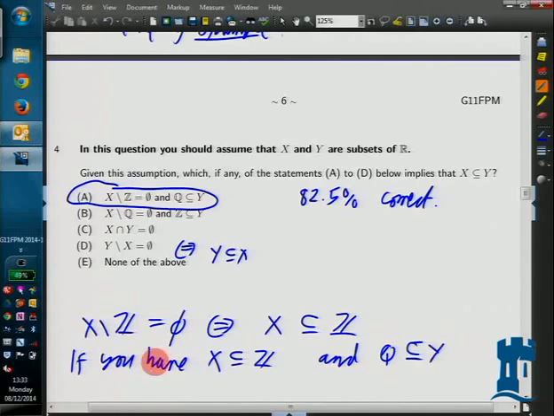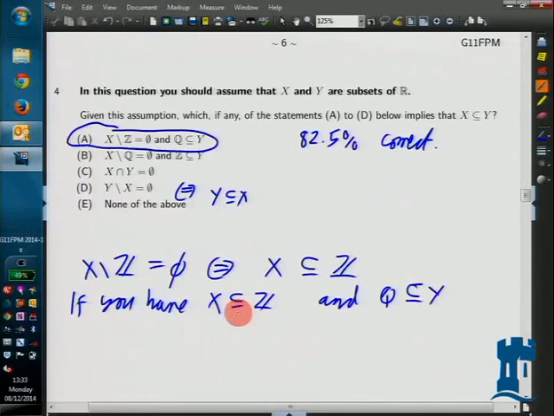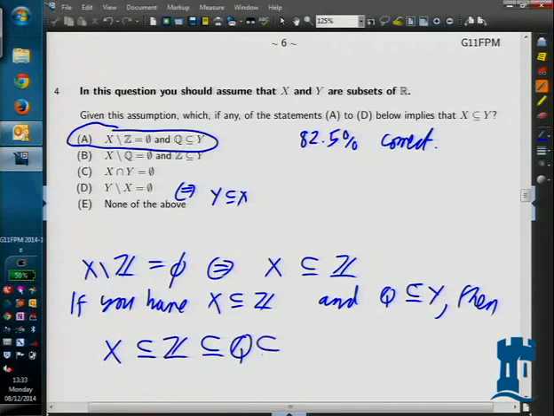Then y has to contain x because y's got all the rational numbers, in particular y's got all the integers in. So you could say you've got x is a subset of z, which is a subset of q, which is a subset of y, and so x is a subset of y.